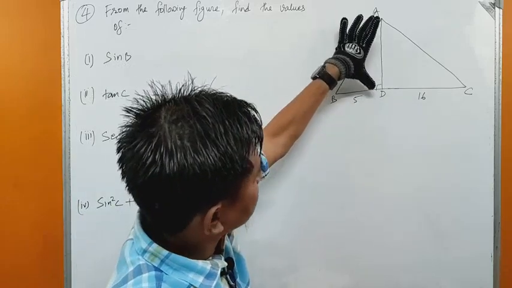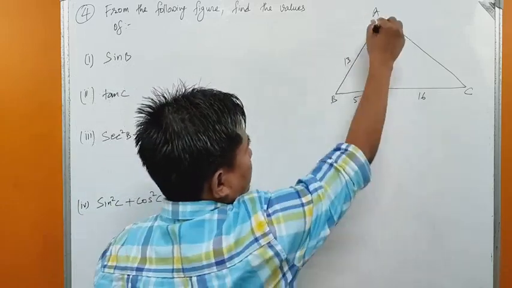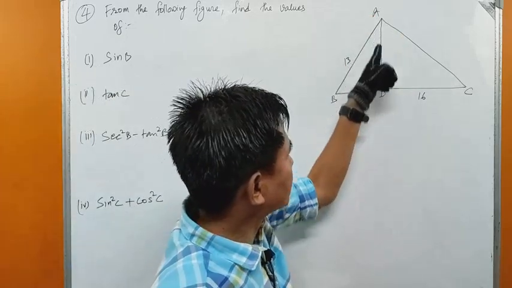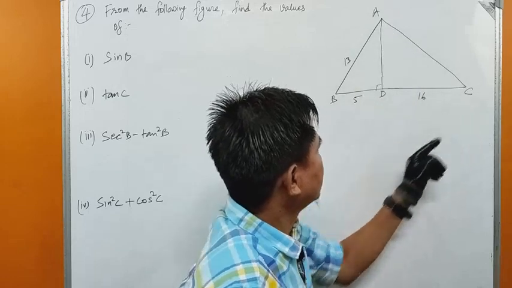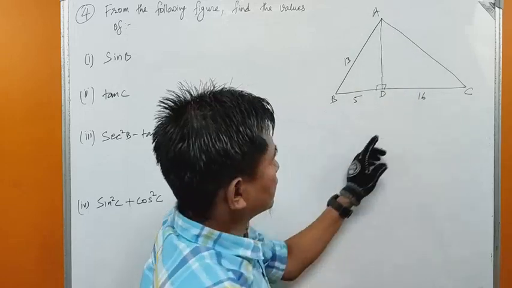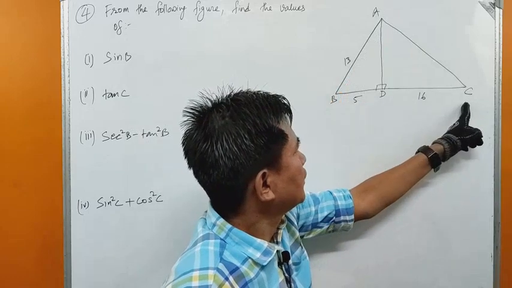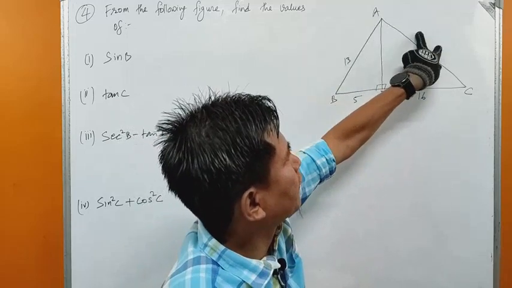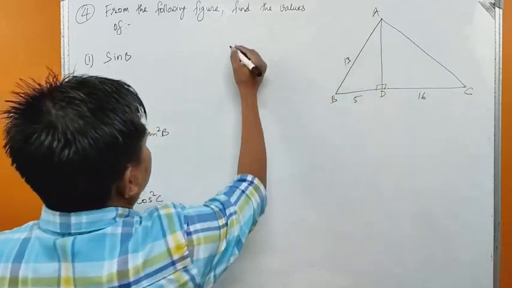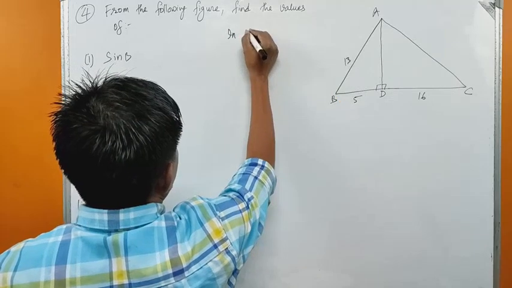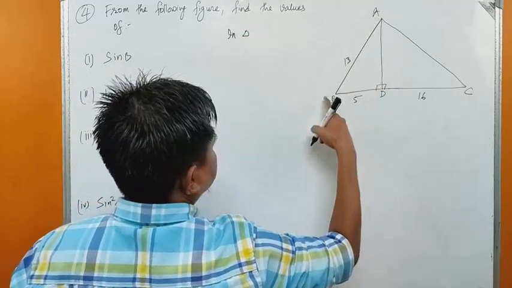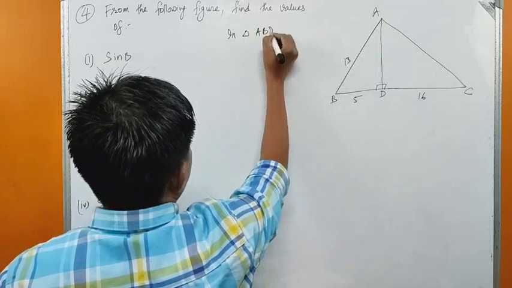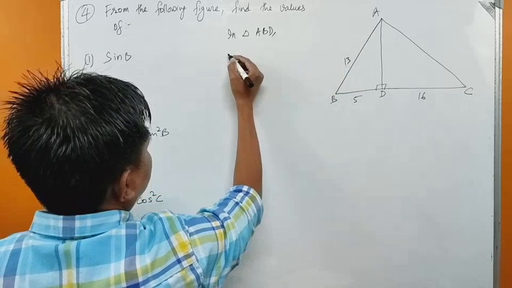Now we need to find AD. AD is the perpendicular, first we will find this, and after that in right angle triangle ADC we have 90 degree here also, isn't it? ADC. So 16 we have base, we found perpendicular, now we'll find hypotenuse, AC. Now let us see in the first triangle, in triangle ABD, we have AB is 13.